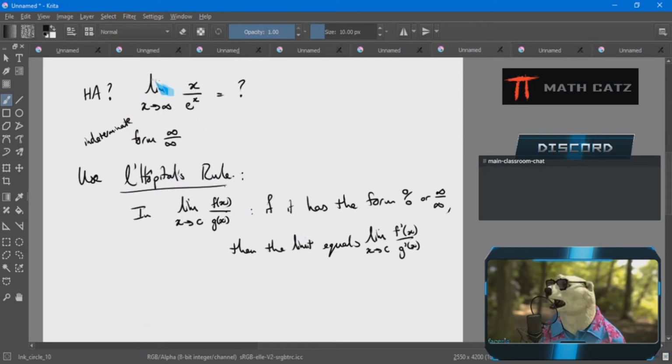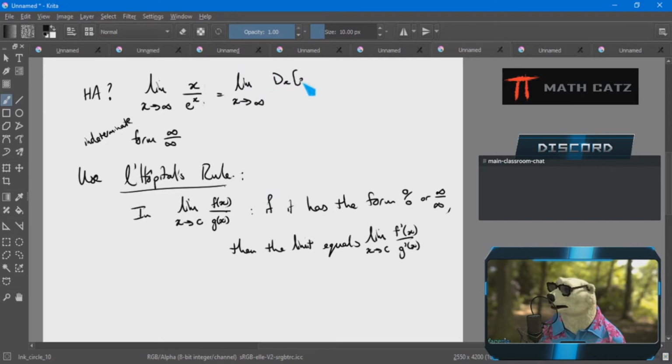I have a ratio of numerator over denominator here, so I have a fraction situation. I've identified the form as one of the indeterminate forms, so L'Hopital's rule can be used. It can only be used in these situations. And only then can I write it out.